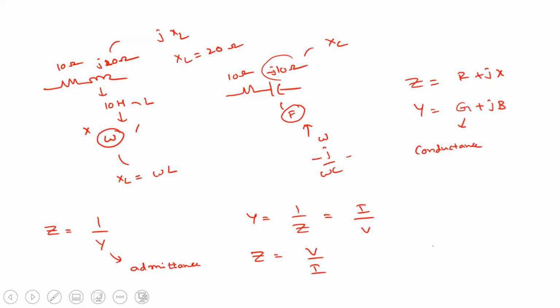This G is known as conductance, and this B is known as susceptance. So this is the G plus jB format. In other words, 1 by R equals G, and 1 by X equals B, susceptance.